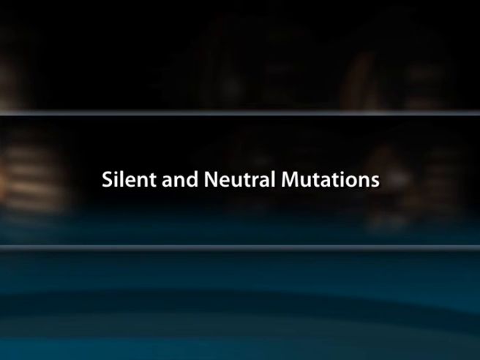The next mutation we are going to discuss is silent and neutral mutations. Silent mutations are gene substitution mutations which do not produce any abnormal alteration in the gene product and the phenotype. They usually occur where the amino acid sequence encoded by the gene is not changed, and such a mutation is called silent.